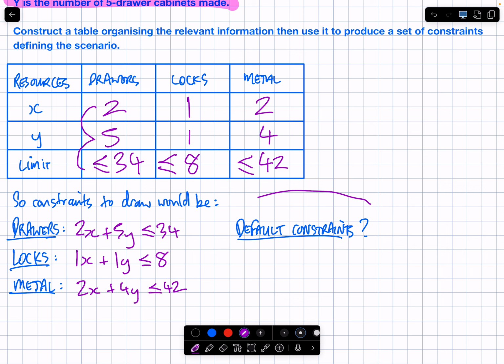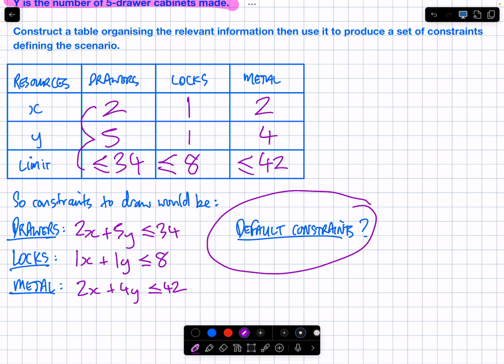But this is a point that I want to remind you. I introduced the idea of default constraints because if I'm making cabinets, do they have to exist? Yeah. Well, in our minds they'll exist, but they have to exist in the context of the question. If I didn't make the constraint of x must be greater than or equal to 0, that means I could make -1 2-drawer cabinets.